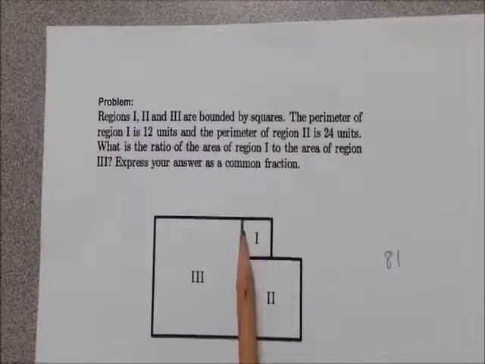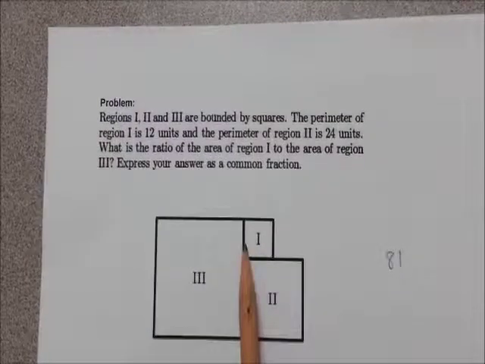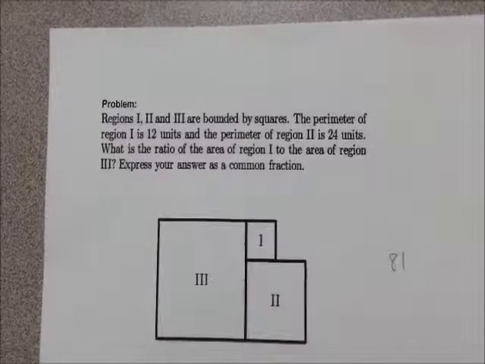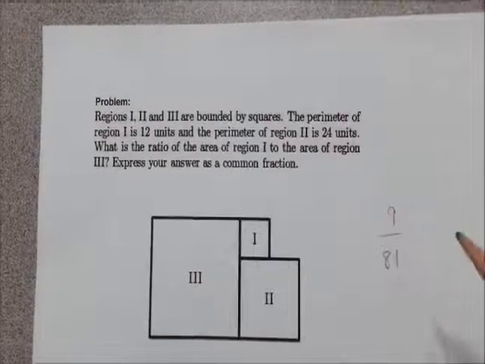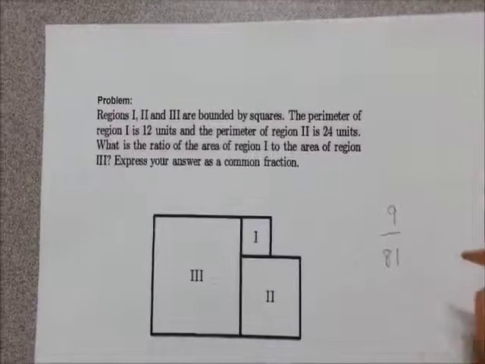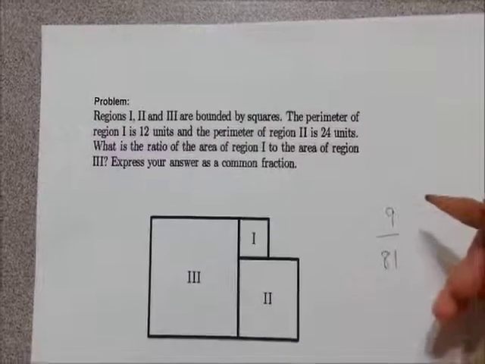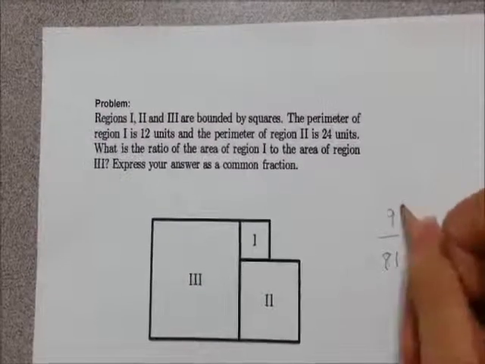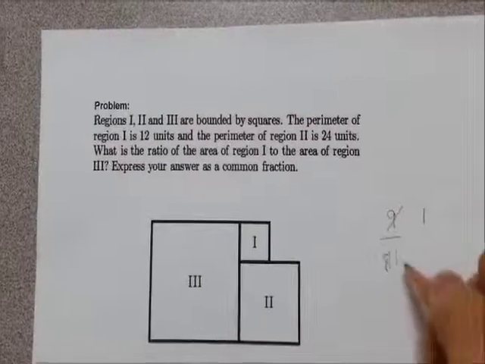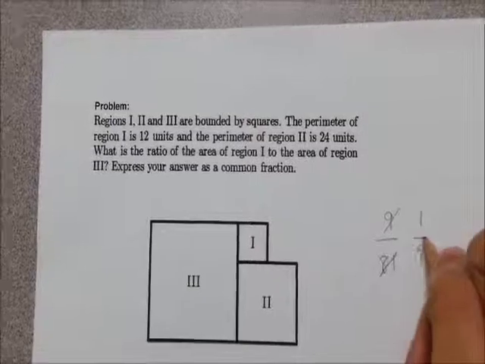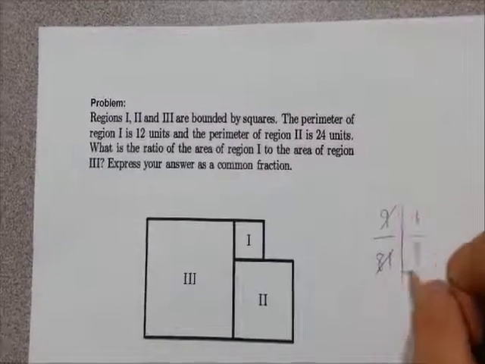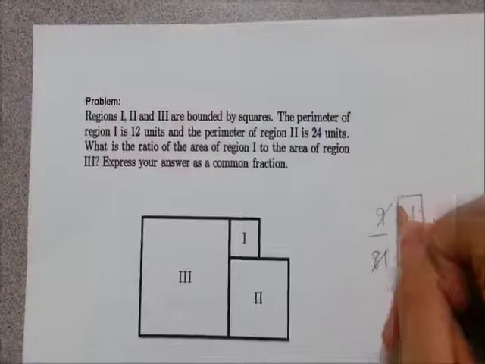And one side is 3, so 3 squared, or 3 times 3, is 9. And 9 goes into 9 one time. 9 goes into 81 9 times. So our answer is 1/9.